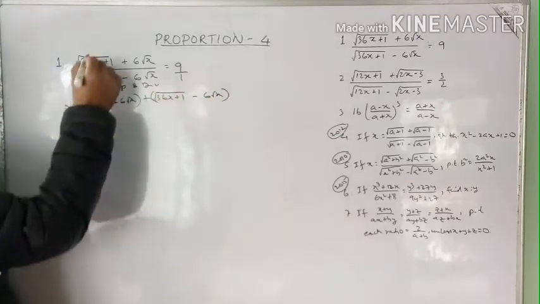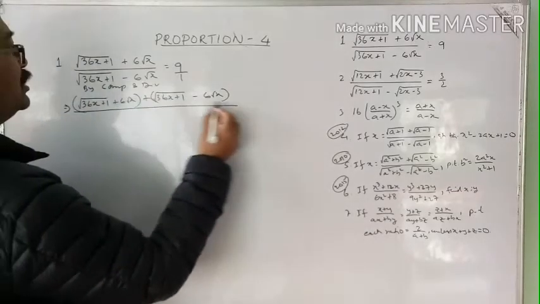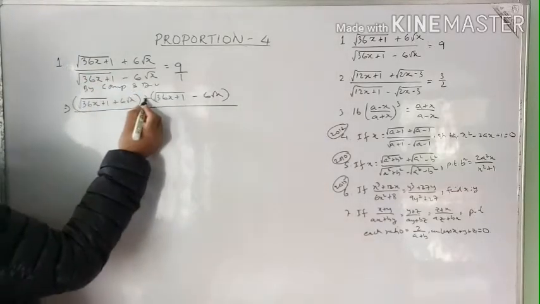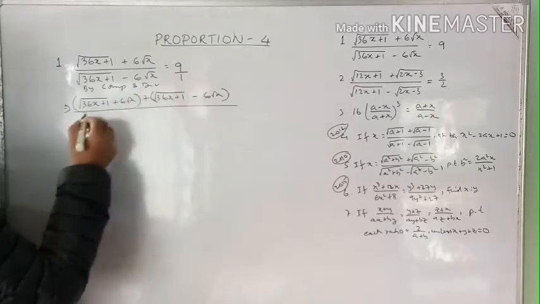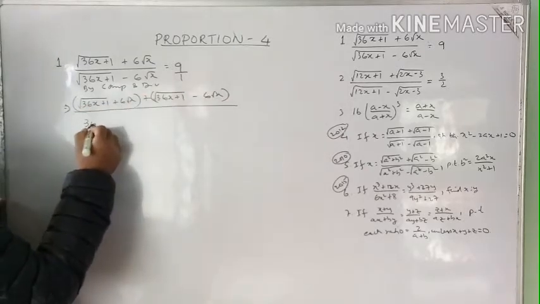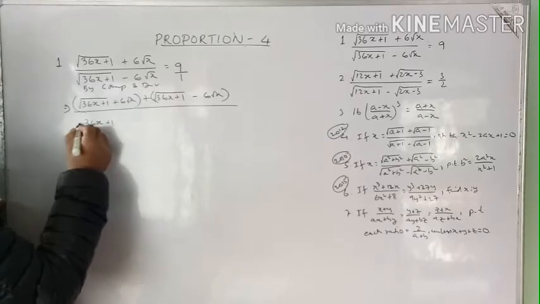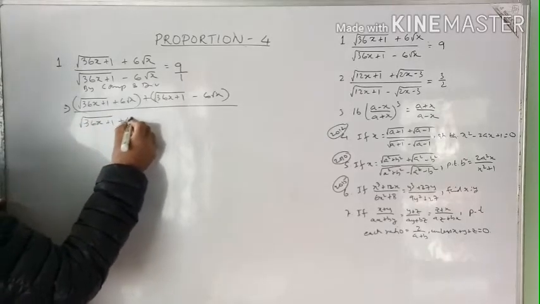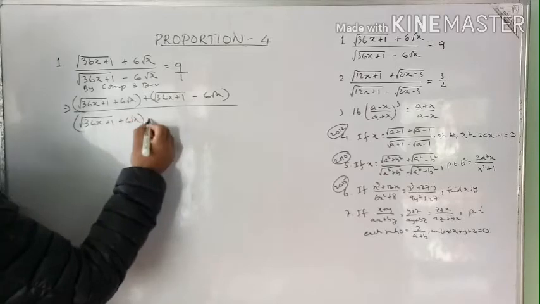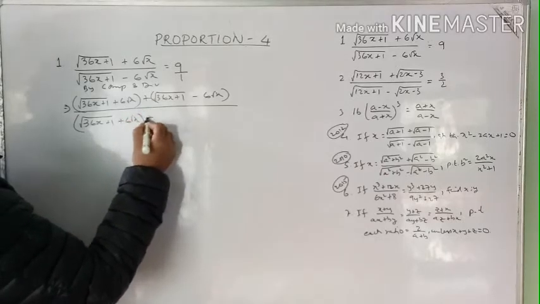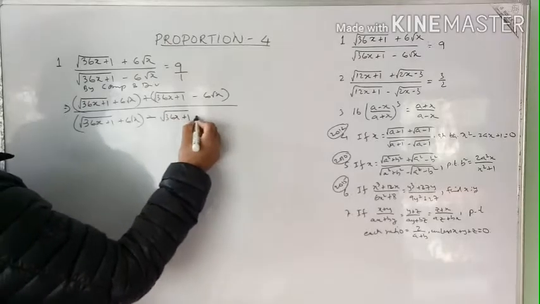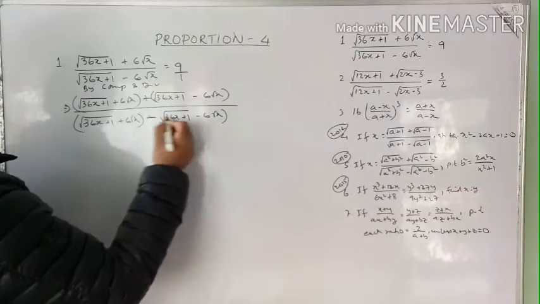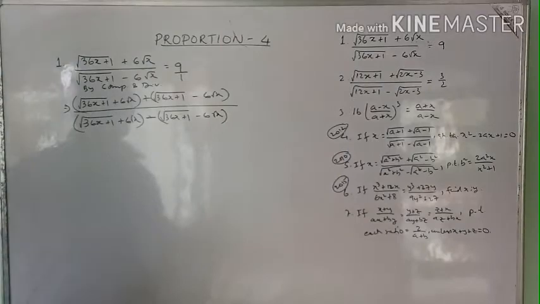In the numerator we add these two, and in the denominator we just change the sign, so plus becomes minus, that's all. The remaining terms will be as they are.